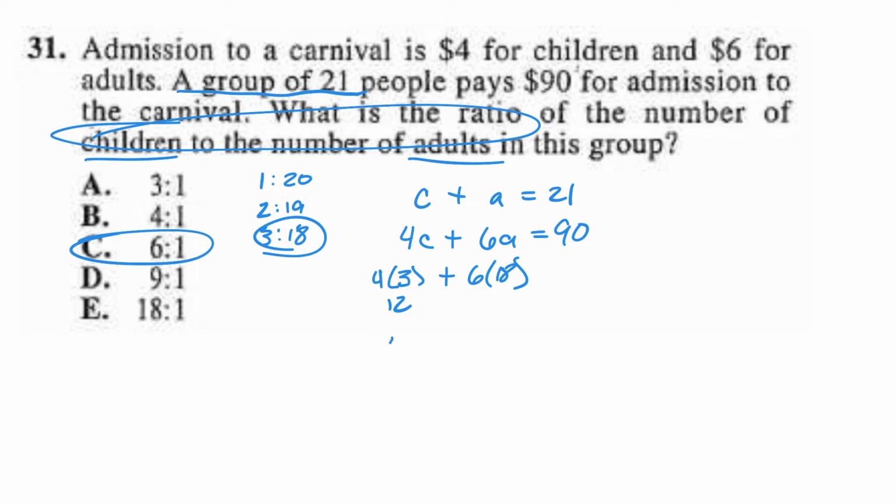Let's say that there were 18 children and 3 adults. And that does equal 90. So that would be our correct answer.